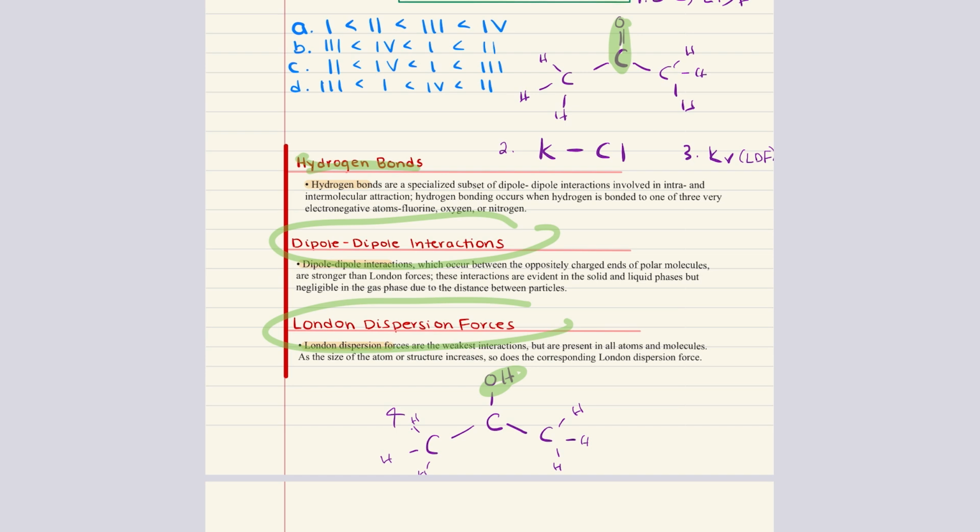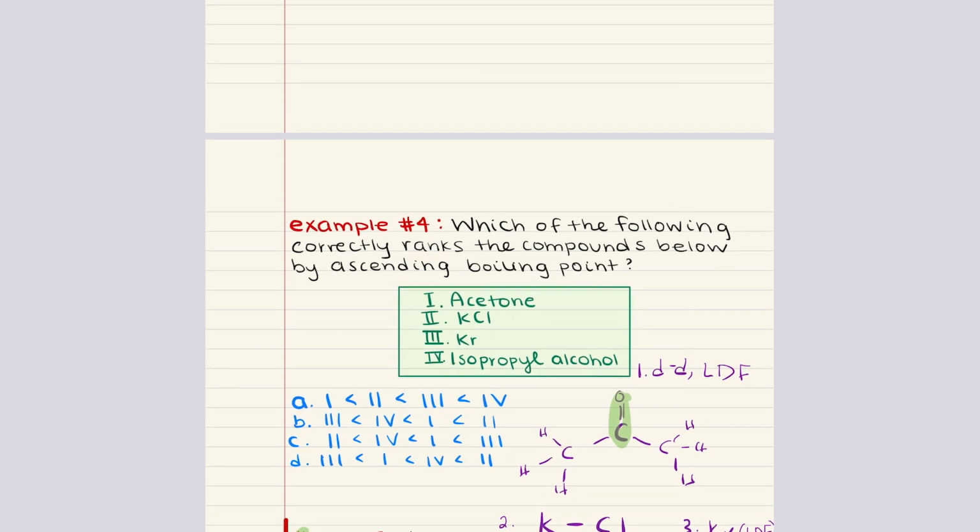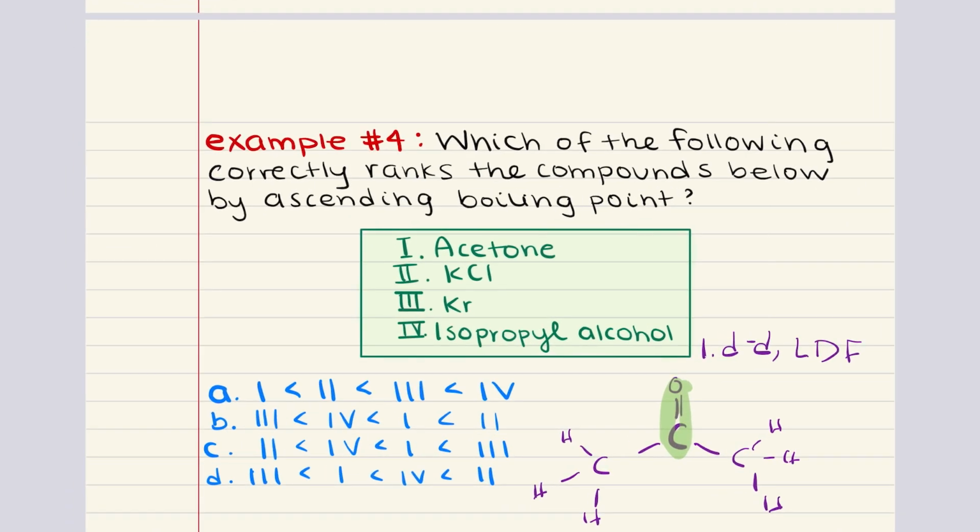So based on the analysis of these compounds and their intermolecular forces, we can begin to rank the compounds by boiling point. Remember that the weakest intermolecular forces result in the lowest boiling point, and the strongest forces result in the highest boiling point. And so here is the order by ascending boiling point, from lowest to highest.